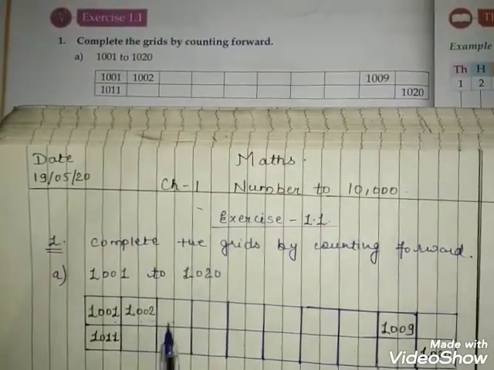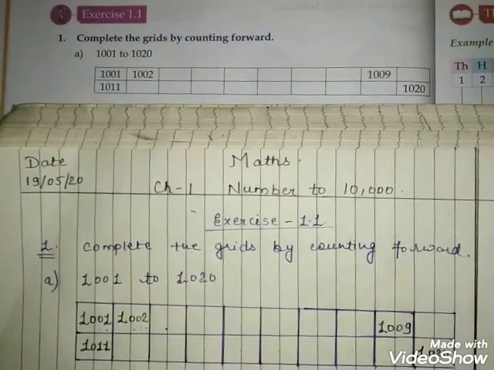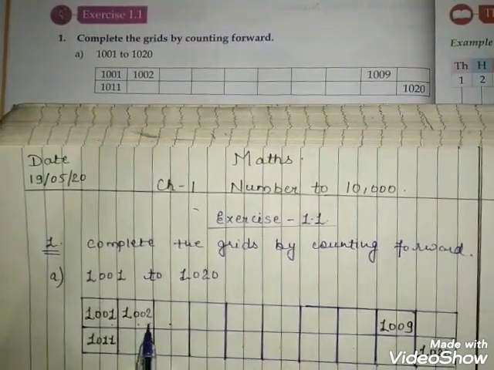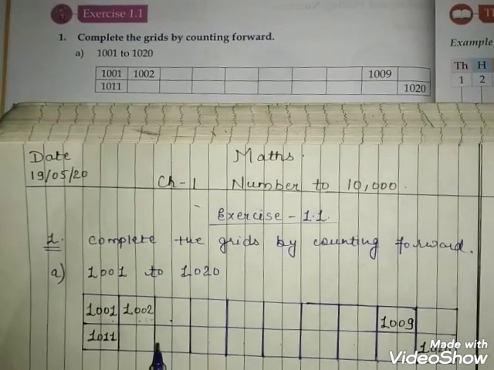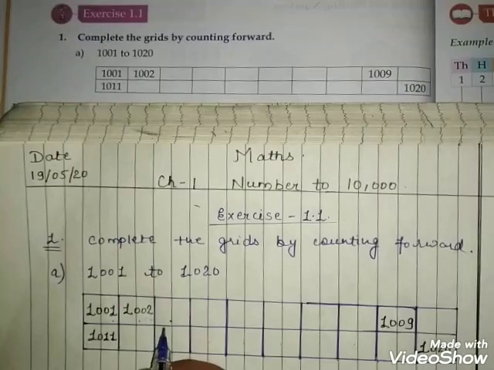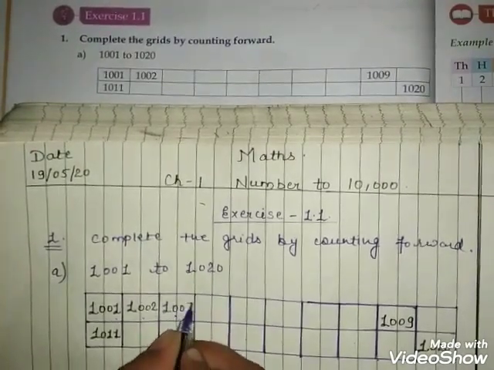Now just move forward. For moving forward, we will do addition in the previous number. Okay, what do you have to add? You have to add 1 to the previous number. Now let us add 1 to the previous number. So what will we get? We will get 1003.